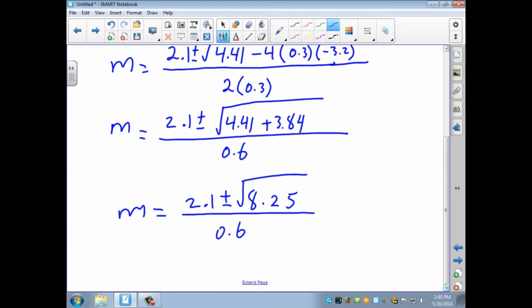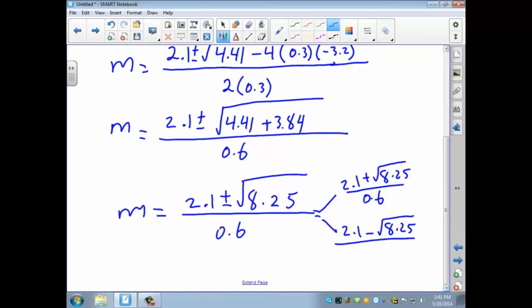So you have two answers here. You write it as 2.1 plus square root of 8.25 divided by 0.6, and the other one would be 2.1 minus square root of 8.25 divided by 0.6.